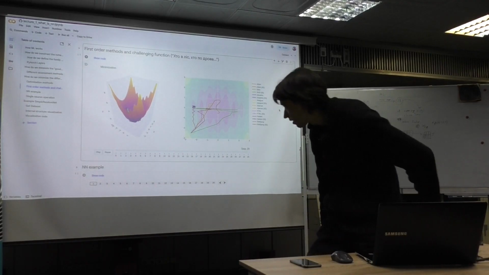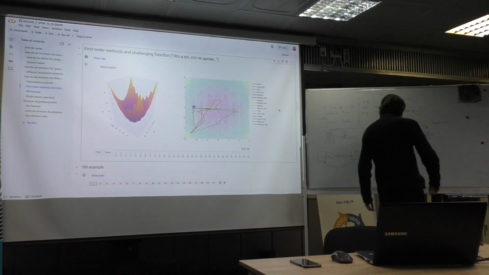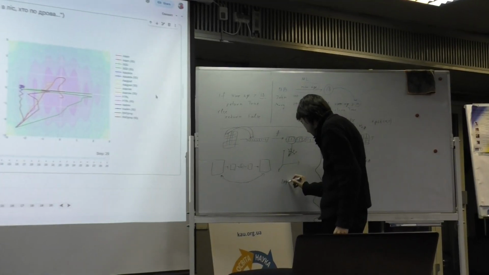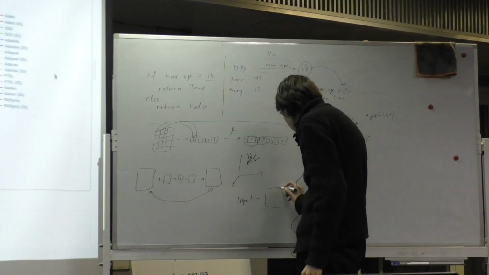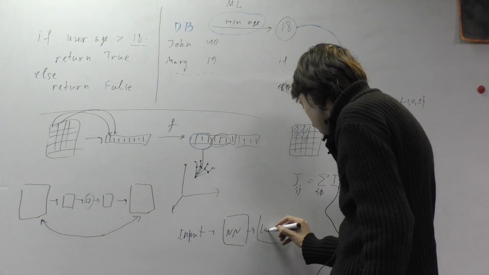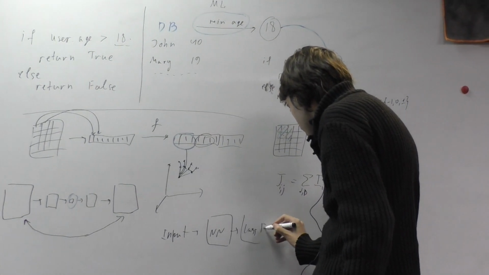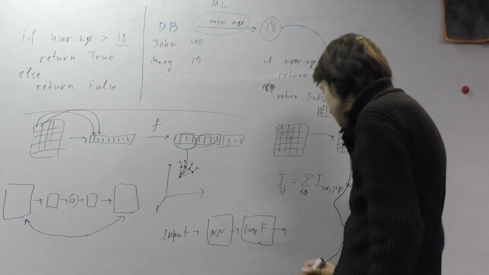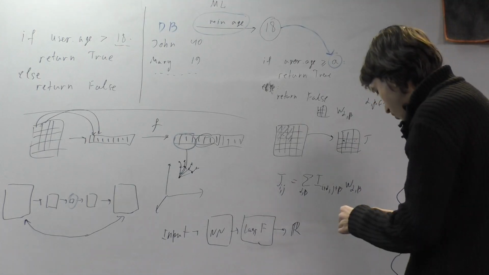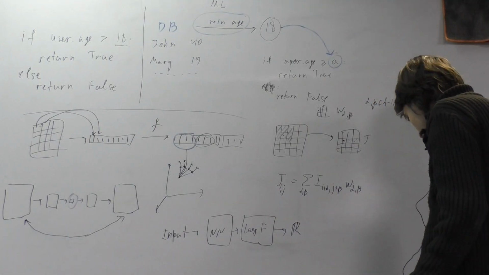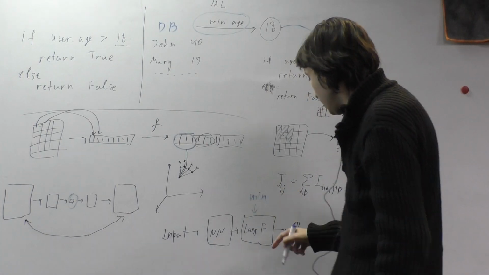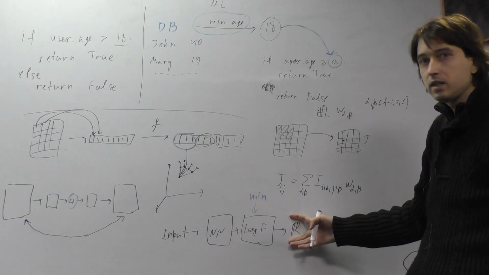So here is basically the overall scheme. I have some sort of input. It goes into the neural network, goes into the loss function, and here you have some number, some real number r, and you are trying to minimize the result of this loss function.